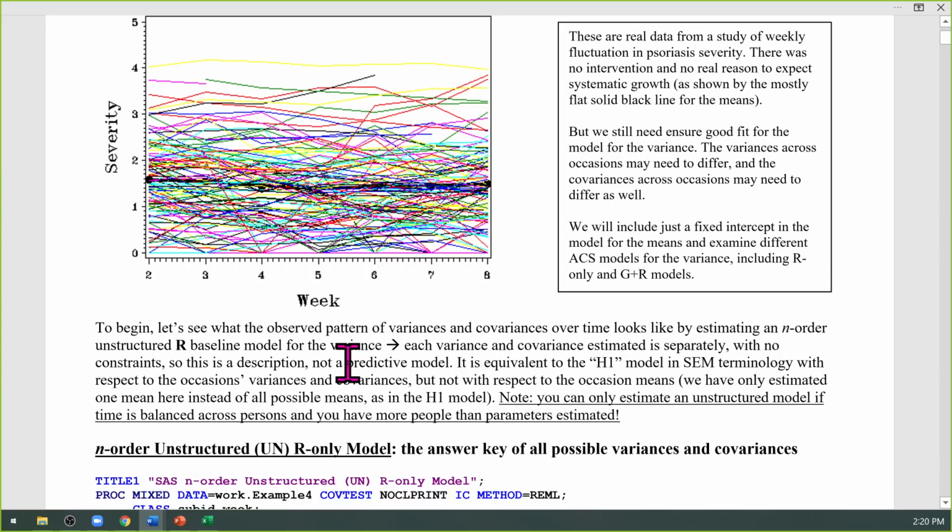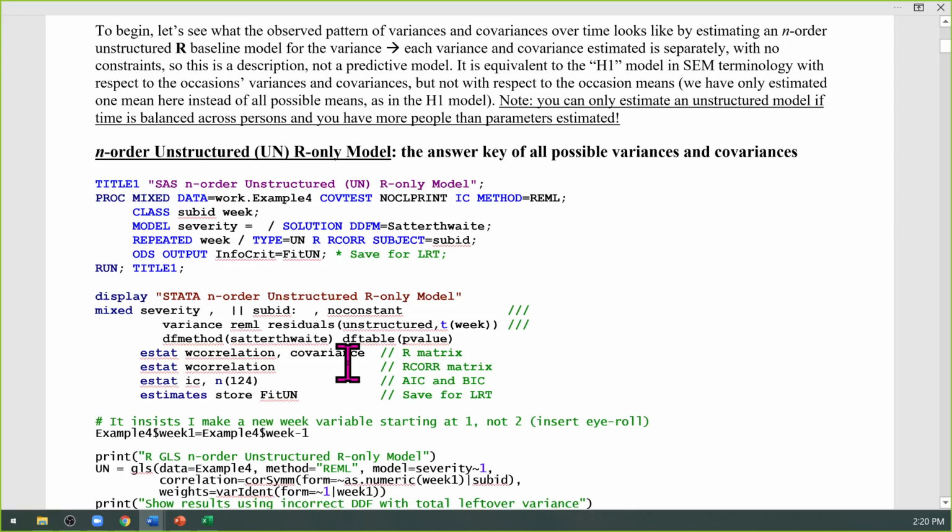Okay. So first off, because I have balanced data, each person turned in a survey once a week. It was close enough that we were able to say this is time 2, this is time 3, this is time 4, and we can actually estimate what I would refer to in the book as the answer key. So this is an empty means model.